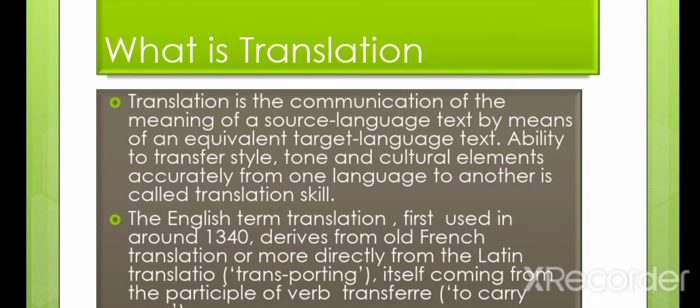Number two, the English term translation. Basically, translation is an English term. It was first used around 1340, derived from the French translation, or more directly from the Latin translatio, meaning transporting.